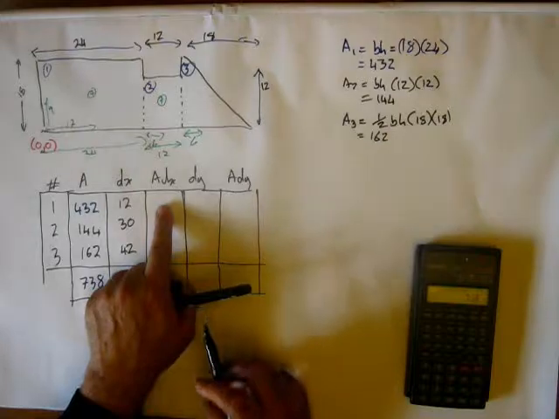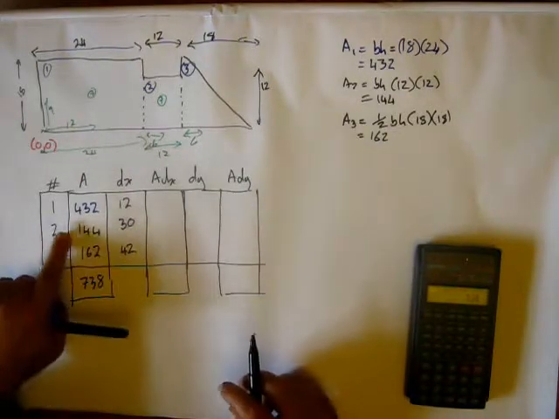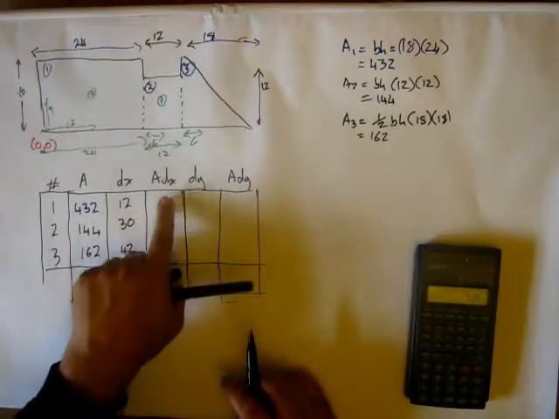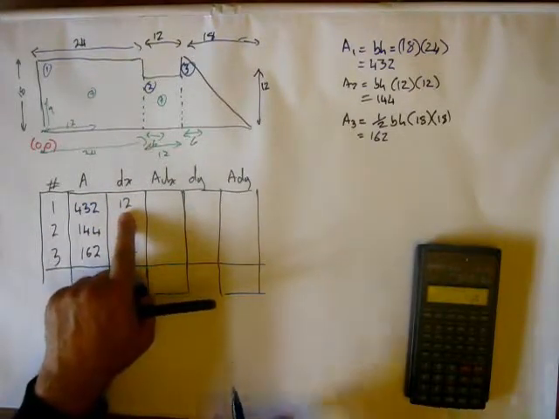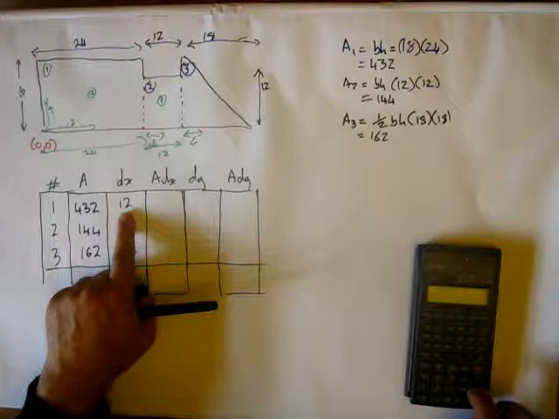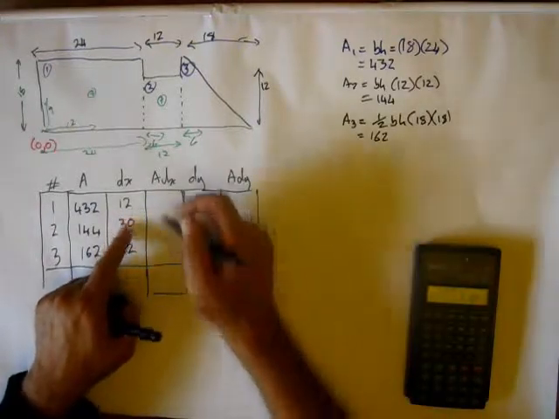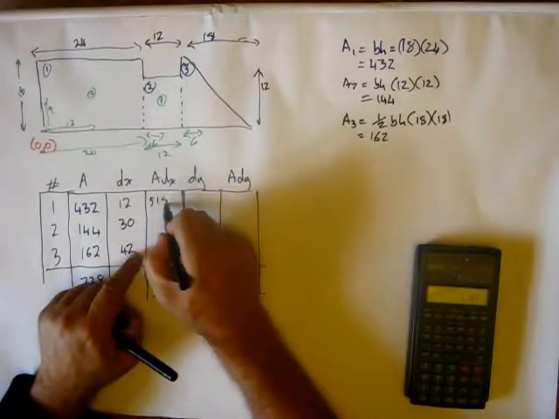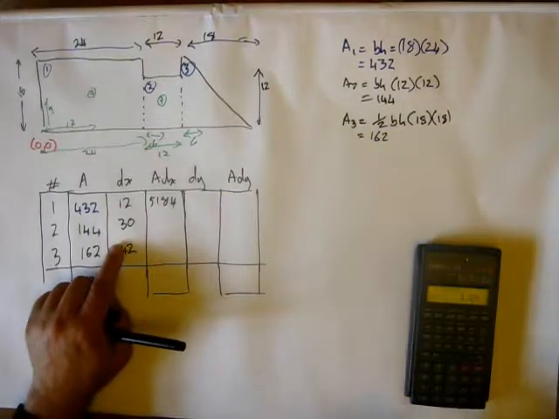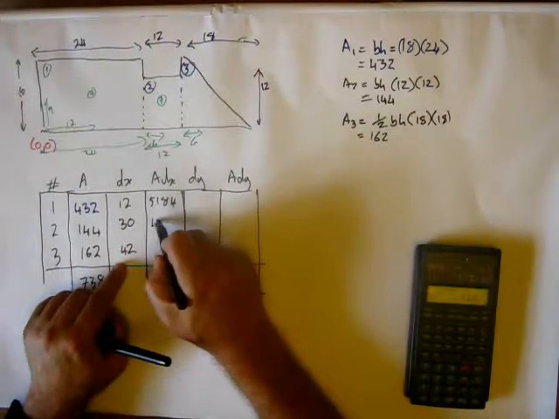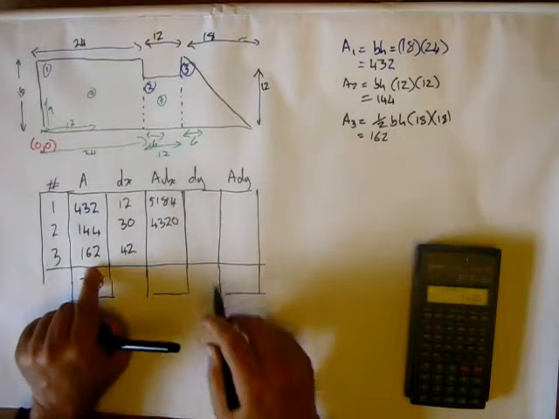Okay, then we go A dx. So this is going to be the area times the distance to the centroid for each of them. So 432 times 12 equals 5184. These numbers can get very large, quite reasonably into the millions. 144 times 30 equals 4320.